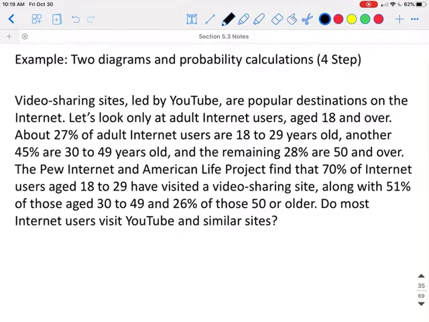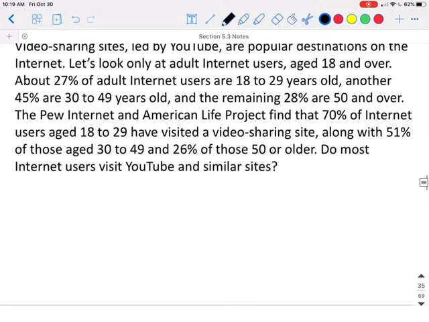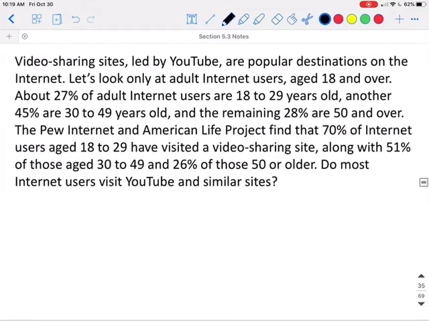The Pew Internet and American Life Project finds that 70% of internet users aged 18 to 29 have visited a video sharing site, along with 51% of those who are aged 30 to 49 and 26% who are aged 50 and older. Do most internet users visit YouTube and similar sites?